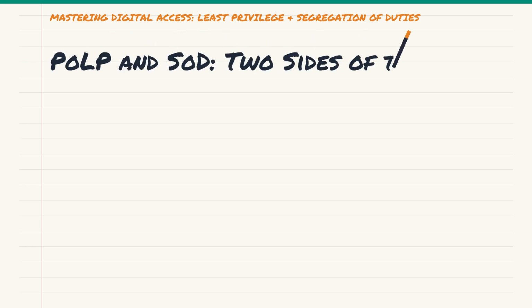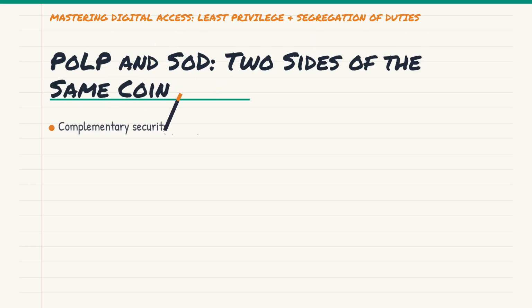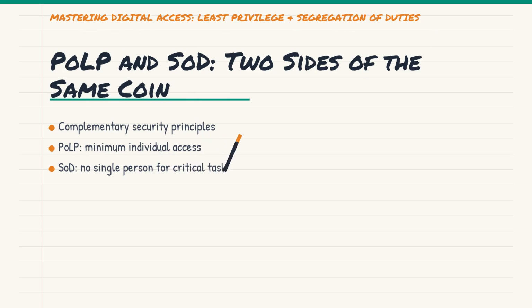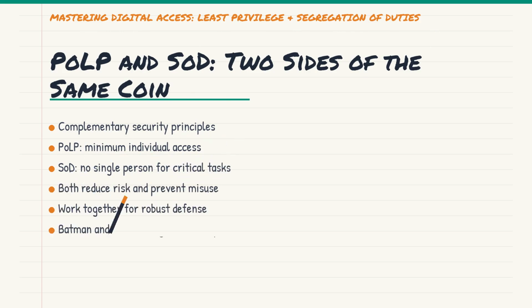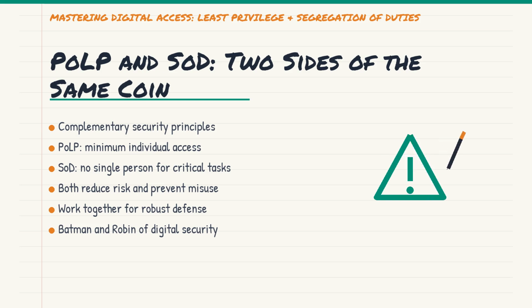So, we've talked about PoLP and SOD separately, but they're actually two incredibly complementary principles. PoLP focuses on minimizing individual access to the bare essentials. SOD focuses on ensuring that no single individual can complete critical processes alone. Both aim to reduce risk and prevent misuse.